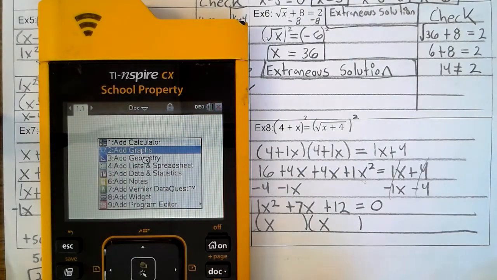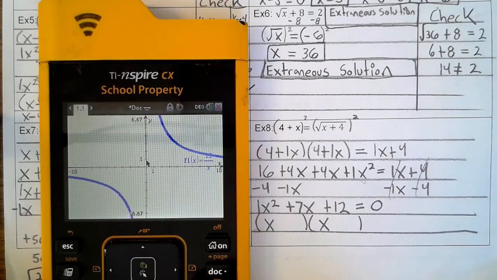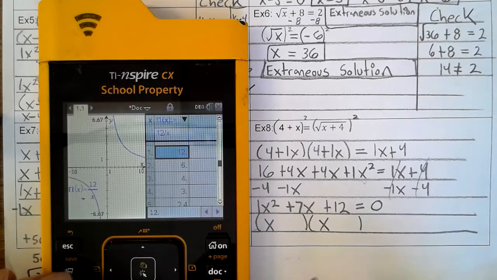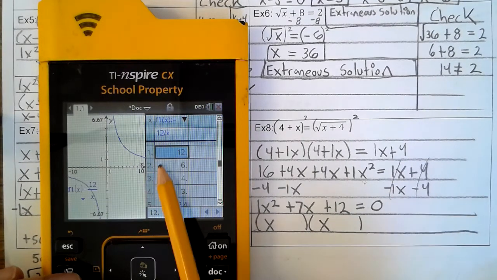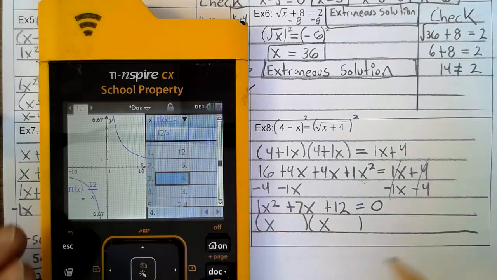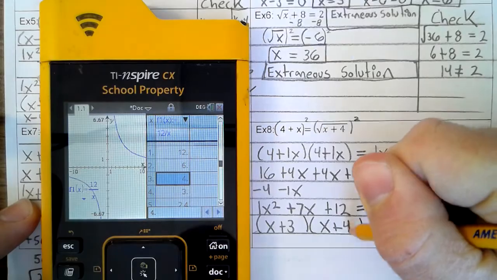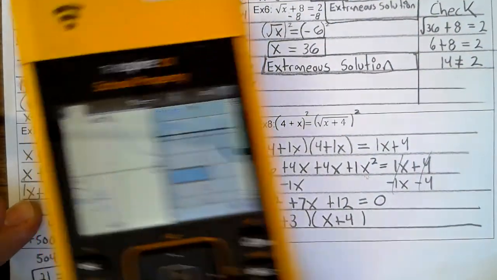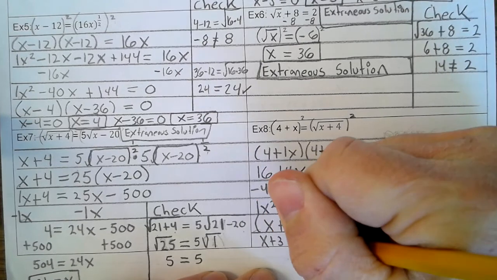We know all these make 12, but we're looking for 7. That doesn't make 7. That doesn't make 7. 3 and 4 make 7, so it's x plus 3, x plus 4. So x plus 3 equals 0, x plus 4 equals 0. Subtract 3, so x equals -3, and subtract 4, x equals -4.